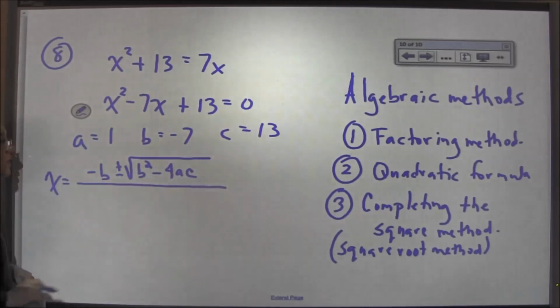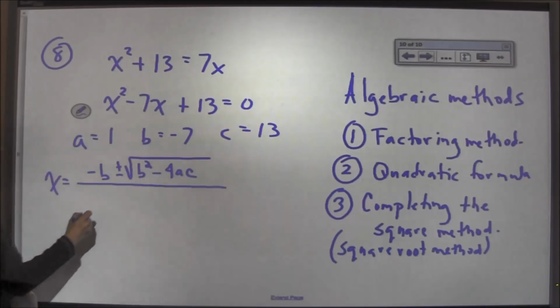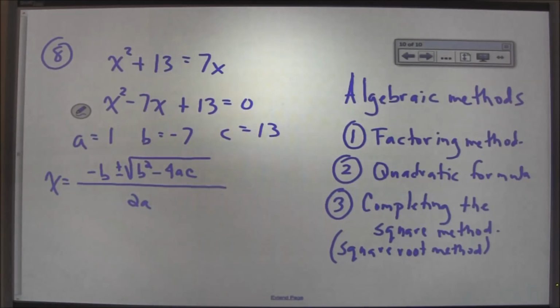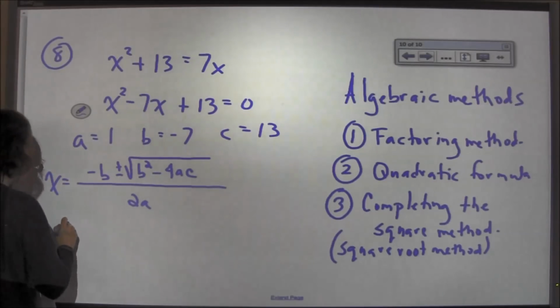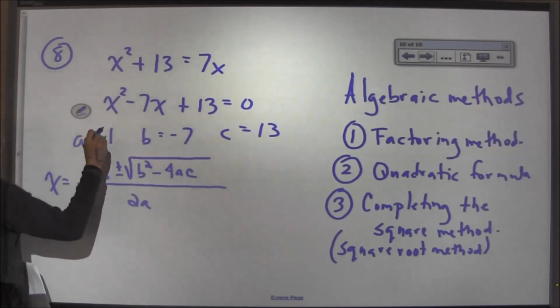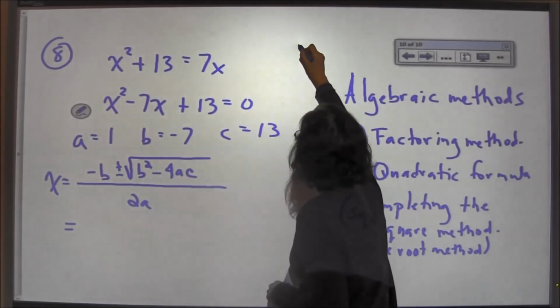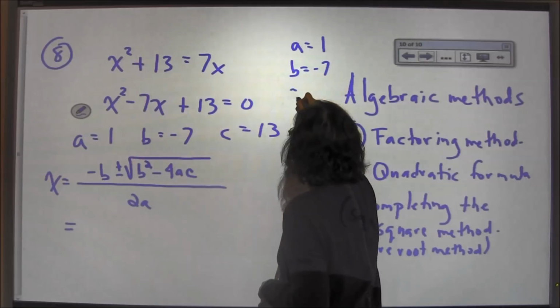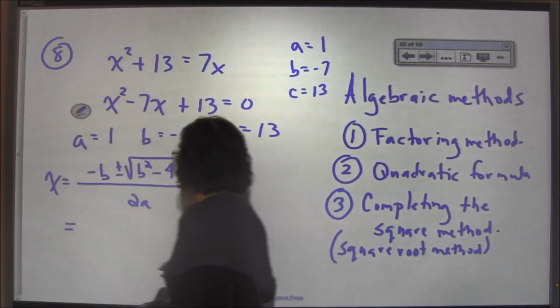I have too many people putting a plus there. Okay, b squared minus 4ac, and that's all over 2a. So we're going to plug in, and then we'll simplify if we need to. Let's write down what a, b, and c are. a is 1, b is -7, c is 13.